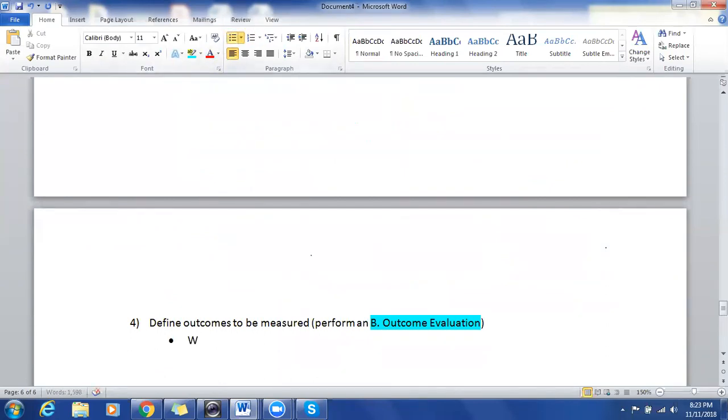Okay. So what focus is being placed on making the change we intend to?